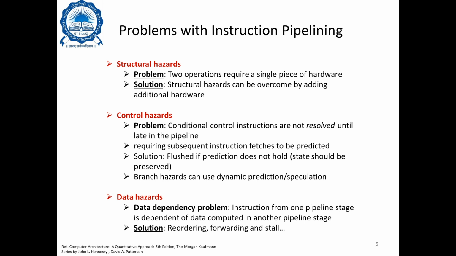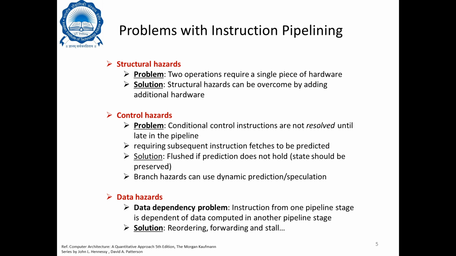The third type is data hazard. It's a data dependency problem where the instruction from one pipeline stage is dependent on the data computed in another pipeline stage. So this is one of the most prevalent problems that you come across in MIPS instruction pipelining. The data computed in the previous stage would be needed in the next stage, and there is a data dependency problem.